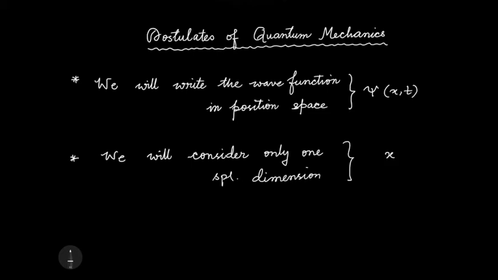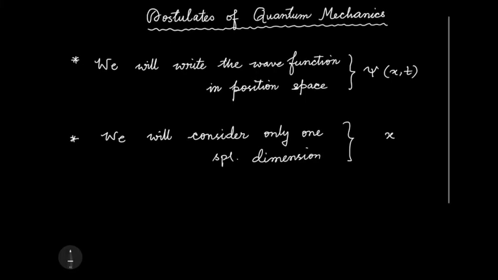Because of that, if you look at different books, you'll certainly find they're not arranged in the same way. So we'll follow one particular style. If you look at a book and don't find what I call postulate 1 as postulate 1, or what I call postulate 2 as postulate 2, don't get bothered. Collectively, all of them should give the same idea.